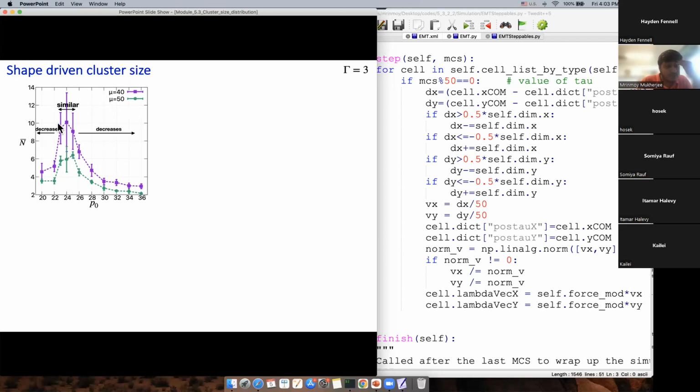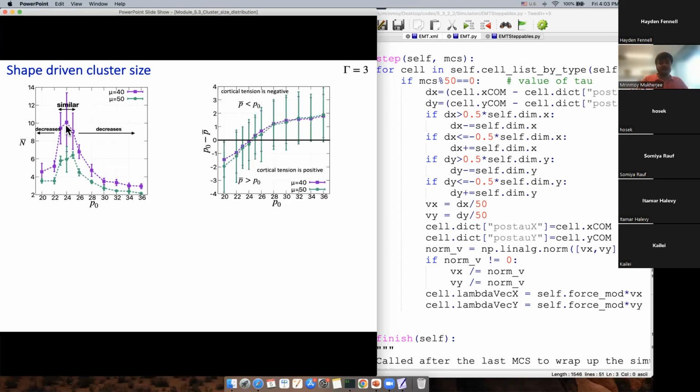So in this intermediate range, we get the maximum cluster size. As we increase P0 or decrease the target parameter, we always get smaller clusters. Here we choose one particular value of gamma and two values of mu, and we see a similar trend. Obviously, the effect is more pronounced for smaller mu, because as you know, if we decrease mu, we get larger clusters.